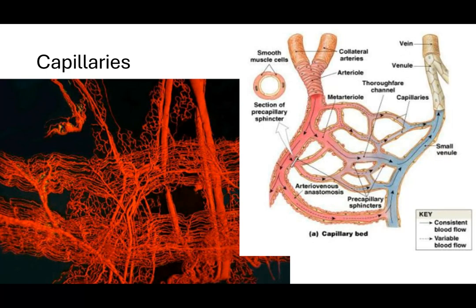Okay, so think about it. Almost every single cell in the body is going to have some connection with a capillary, and in turn a capillary bed. But sometimes the needs of the cells are going to be different at varying points of the day, depending on body usage, right? So depending on the need of the cell and the need of the tissue, sometimes blood doesn't need to be in full force.